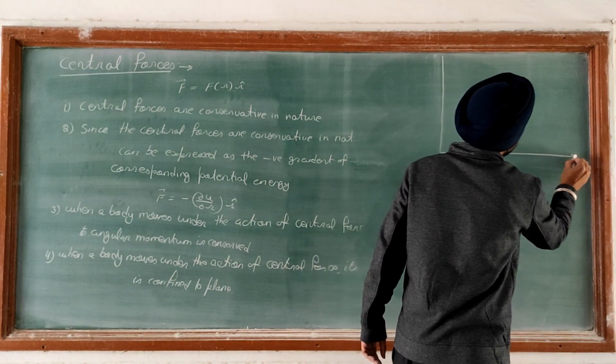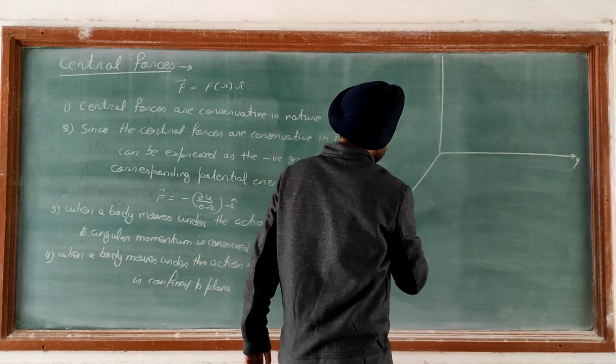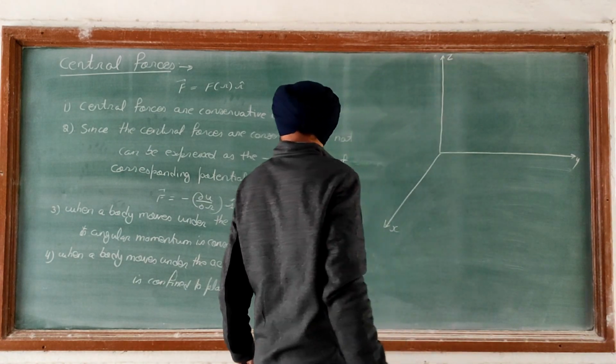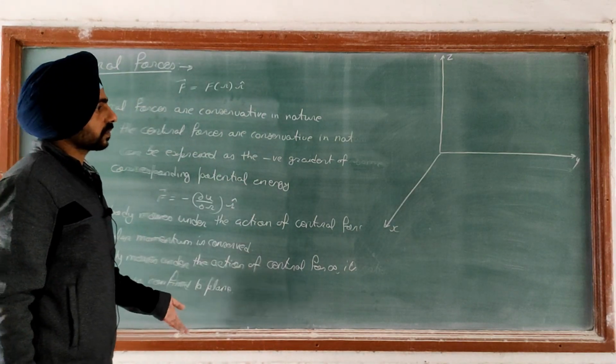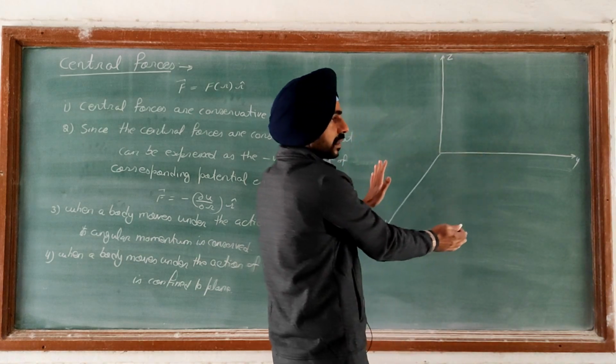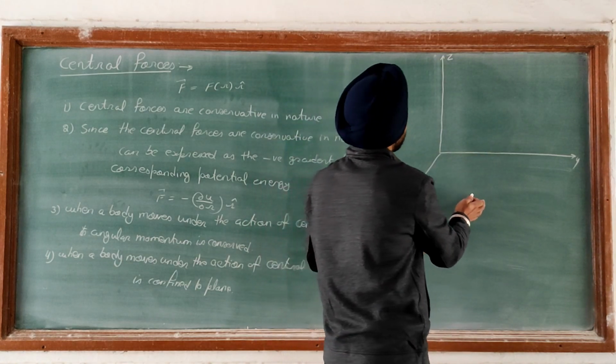We have a frame of reference, y-axis, x-axis, and this is the z-axis. Since we are interested in motion confined to a plane, this is the xy plane and the z-axis is perpendicular to the board containing this xy plane.